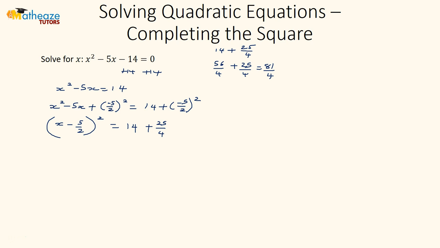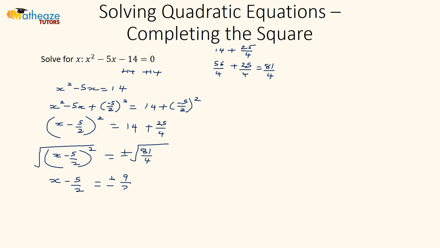So now we're going to take the square root of both sides. So (x - 5/2)² is equal to plus or minus the square root of 81/4. So now we have x - 5/2 equal to plus or minus 9/2.